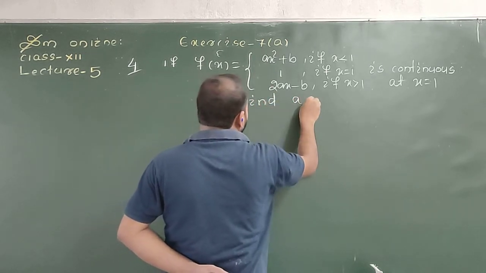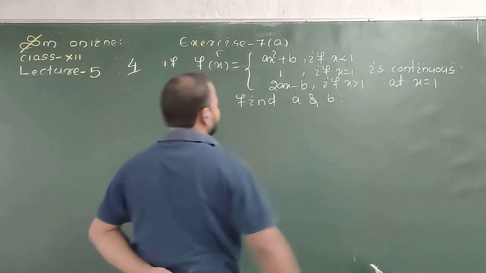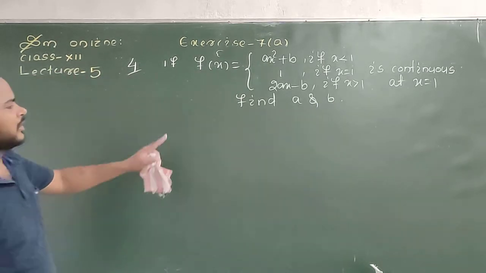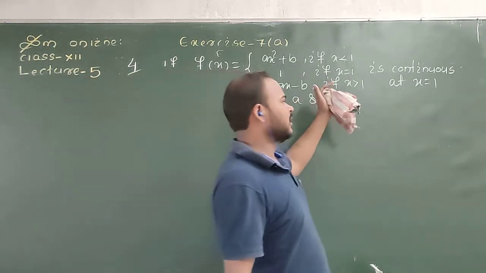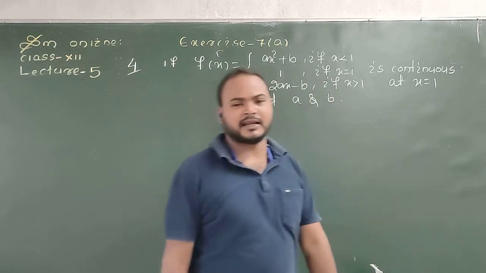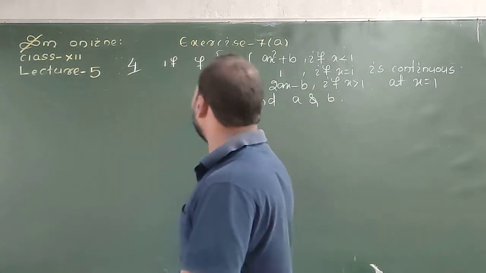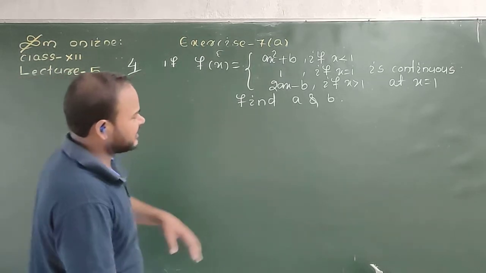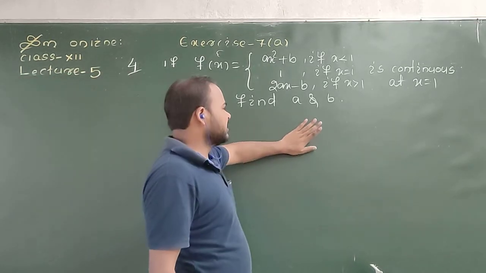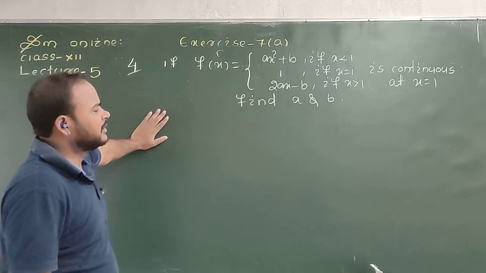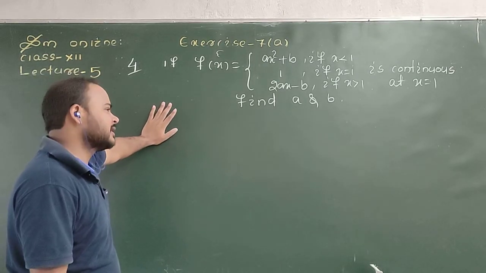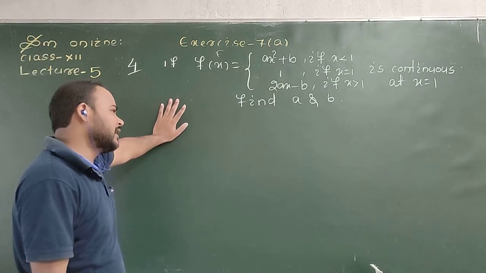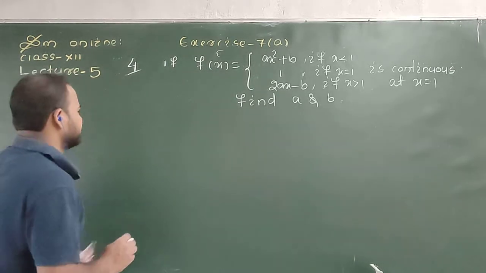Here our question: the given function is continuous at x equal to 1, so we have to find out the value of a and b. First thing is that because the function is continuous at x equal to 1, the value of the function at x equal to 1 is equal to left hand limit equal to right hand limit.